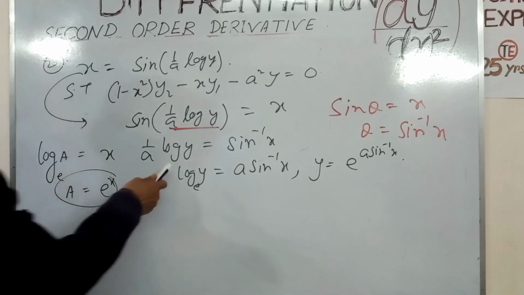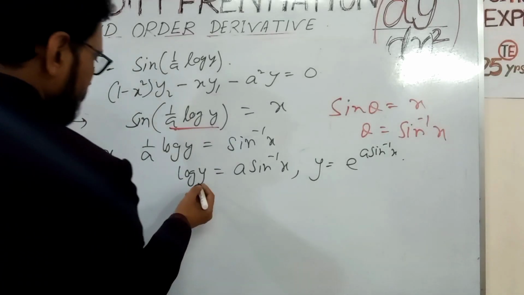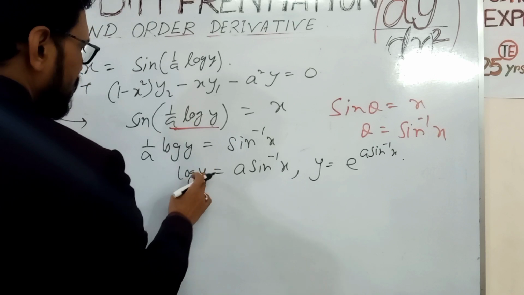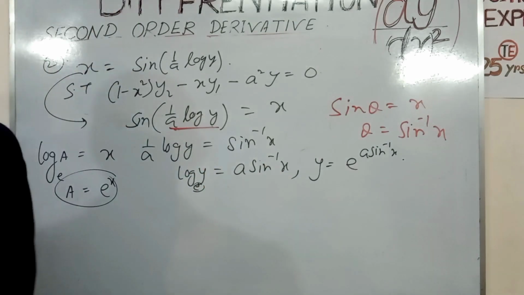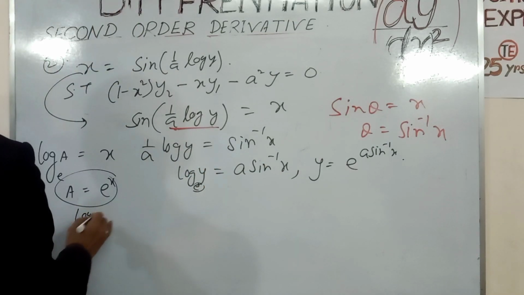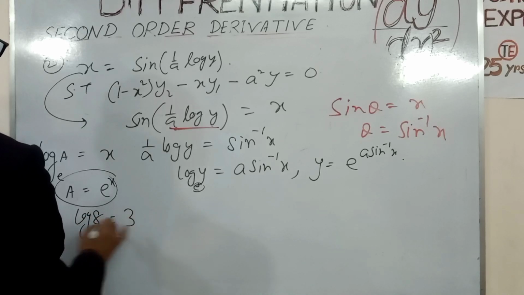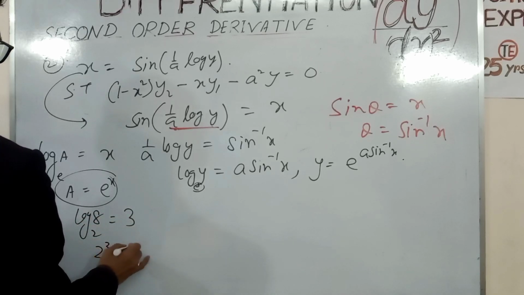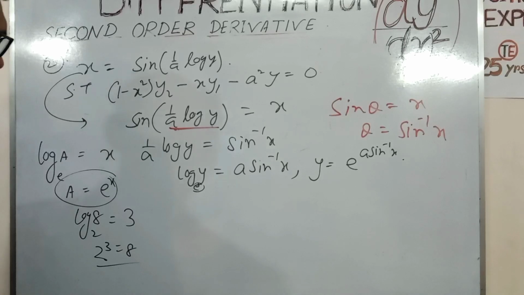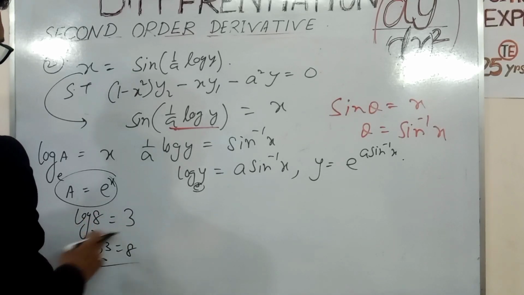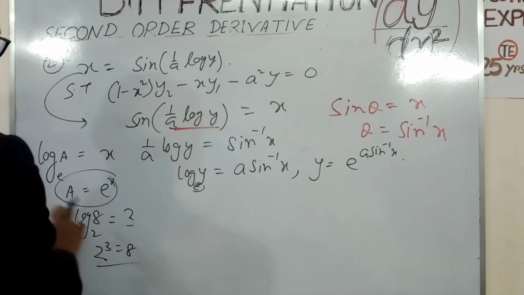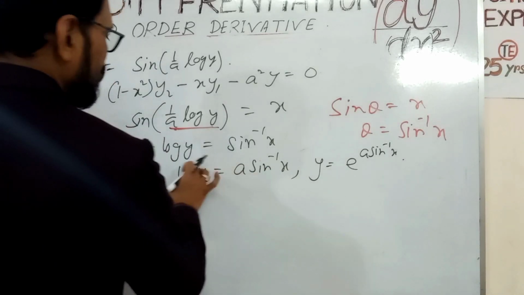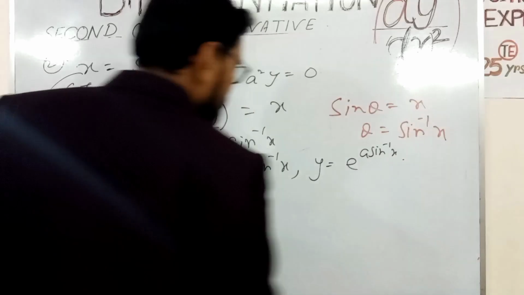For example, if log 8 base 2 equals 3, then we can write 2 cube equals 8. So e to the power this equals y. We can write it this way.